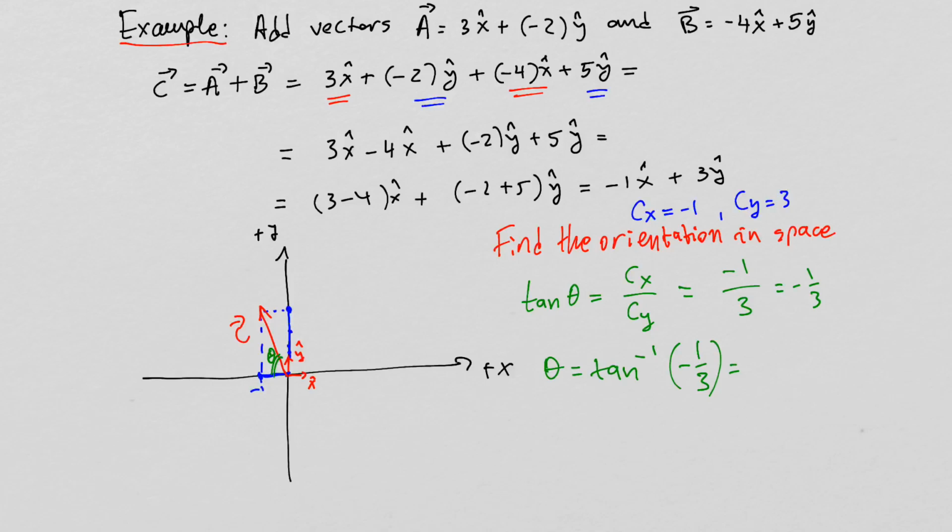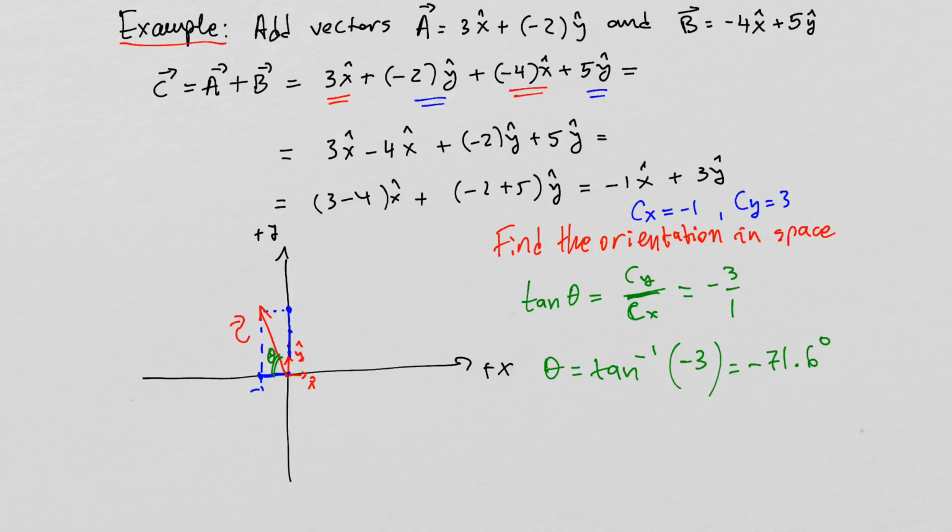Correction, the tangent of theta is equal to Cy divided by Cx, so let's fix that. We have Cy divided by Cx. And so then that means that here I have minus 3 divided by 1. And so then the inverse tangent will change to inverse tangent of minus 3. And when you calculate that, that is minus 71.6 degrees.